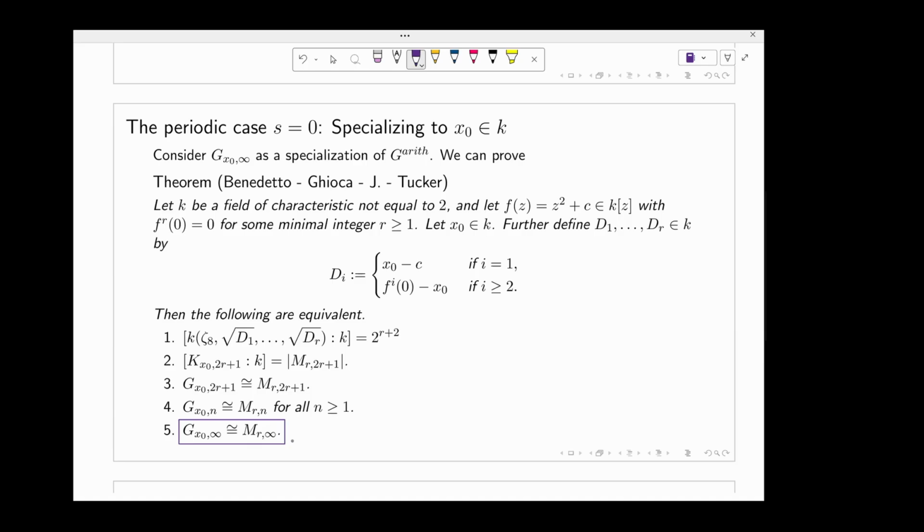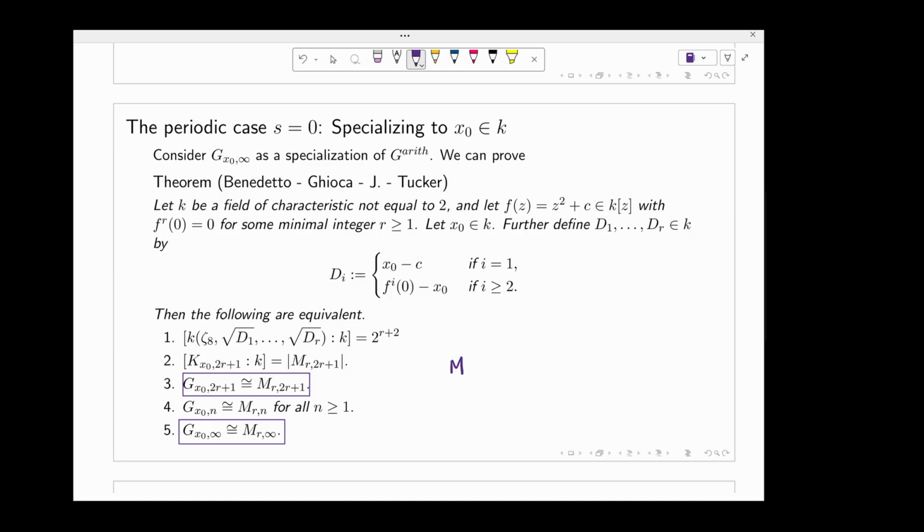There's some notation on the slide that I maybe haven't fully defined, but let me go through and convince you that all of this makes sense. So first, what we're saying on this slide in part 3 is, based on this other lemma, all I have to do is check that my Galois group over x naught up to the 2r plus first level matches my Galois group here up to the 2r plus first level.